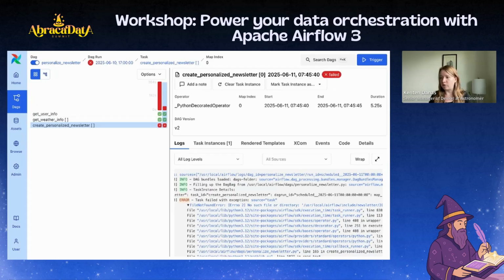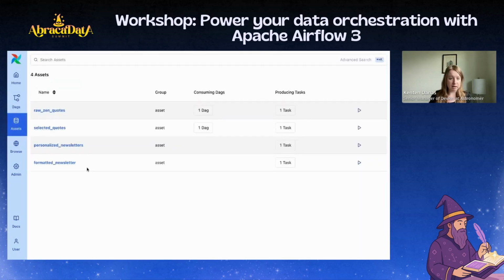So the next part of this task is to change the schedule of this DAG so that it runs after that last asset, the formatted newsletter, has completed, instead of on a daily schedule. So again, I'll go ahead and pause for just a minute and I will make that update and give everybody else a chance to do that as well.